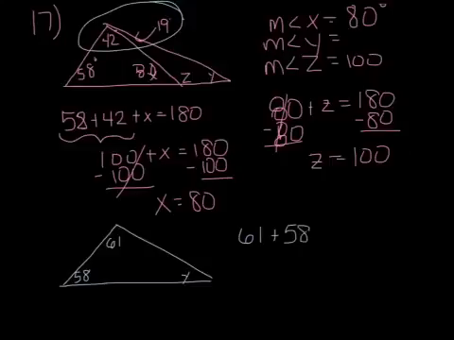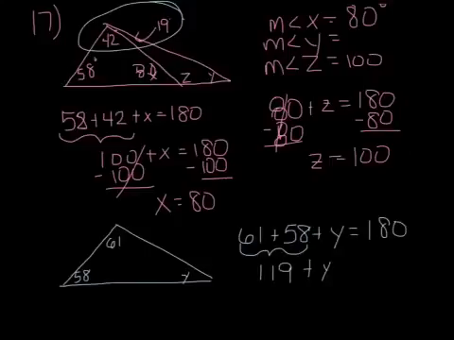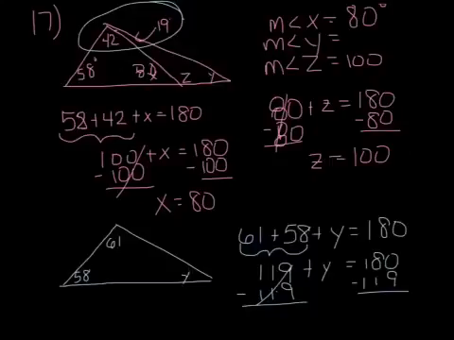You add all three angles and it equals 180. 61 plus 58 is 119. Now what? Subtract 119 from both sides. What's 180 minus 119? 61 degrees. So Y is 61 degrees. Then on that multiple choice, you just had to match it up.